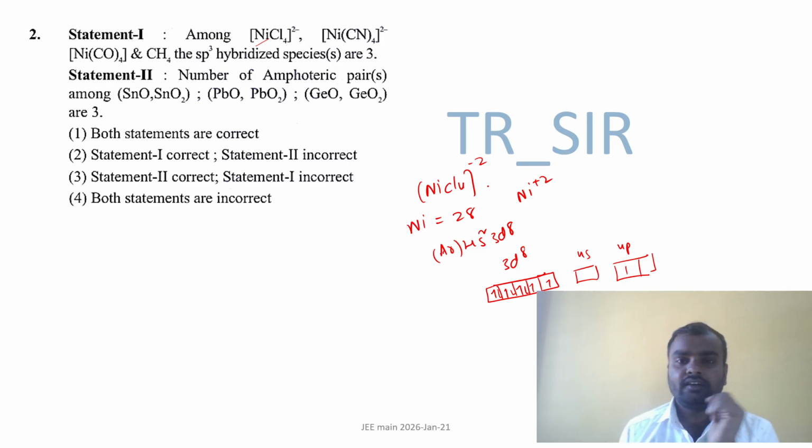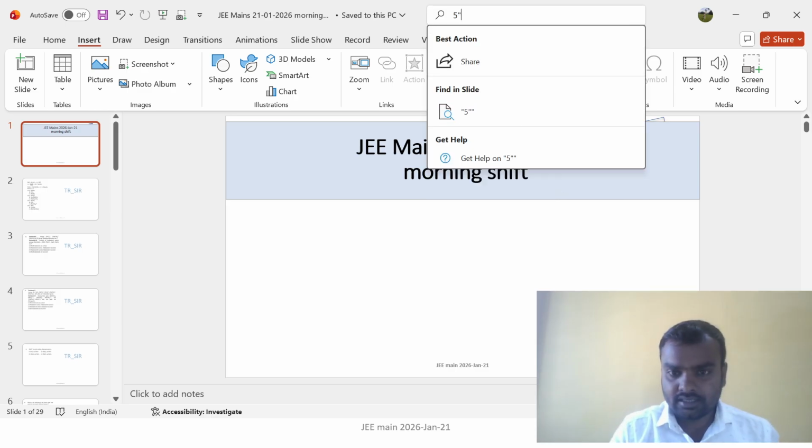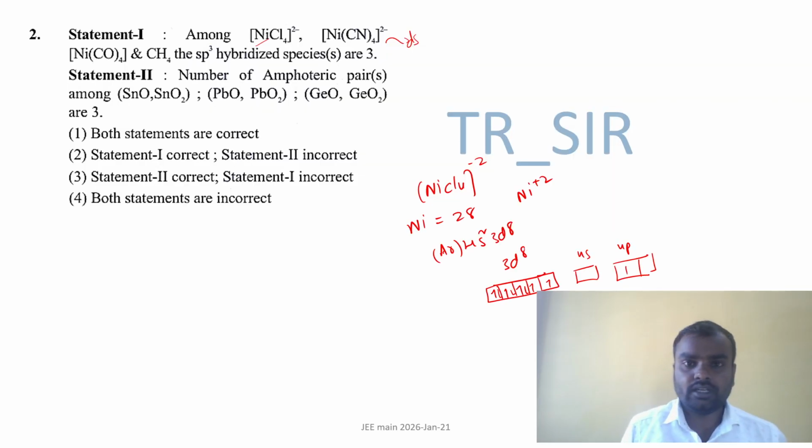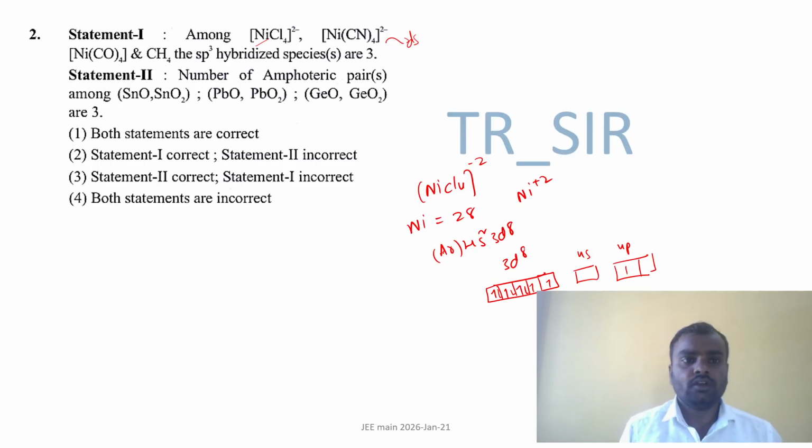Ni(CN)4 2- has a strong field ligand. In this case, you will be getting dsp2. So this second one will not be sp3. Third one, Ni(CO)4, will also be sp3.